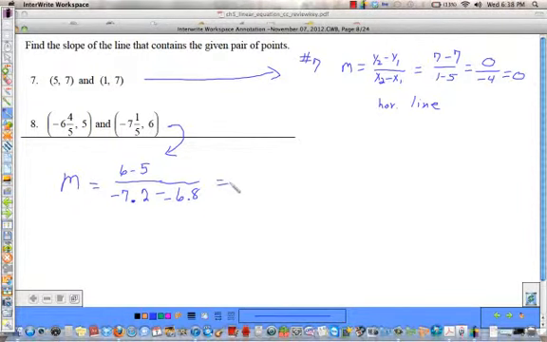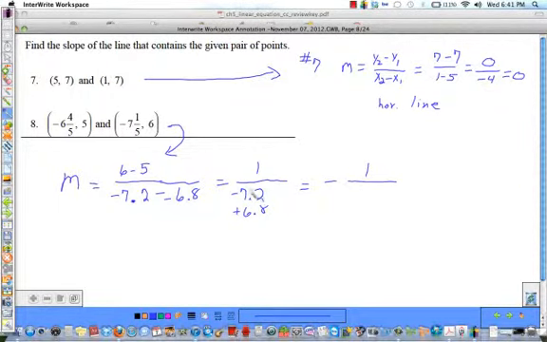But 4/5 is the same as 8/10, which is written as 0.8. 6 take away 5 is 1. -7.2 plus 6.8 gives us a negative 0.4.